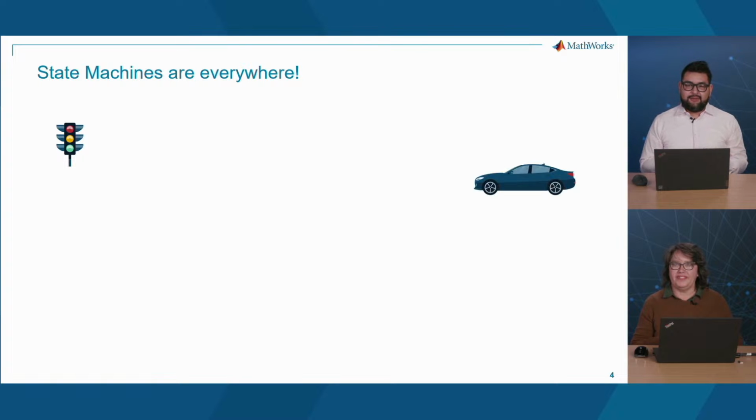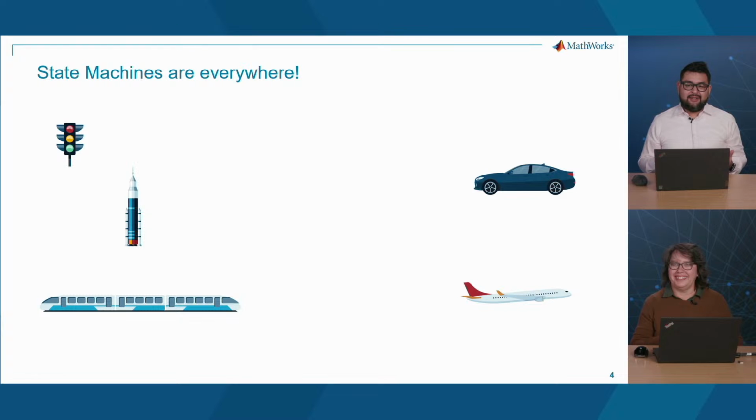Speaking of traffic lights, you also have tons of state machines inside cars, airplanes, trains. Actually, rocket science has a lot of state machines. They are not confined only to things that move or means of transportation. You can find them in all sorts of industrial applications. You can even find them inside your home.